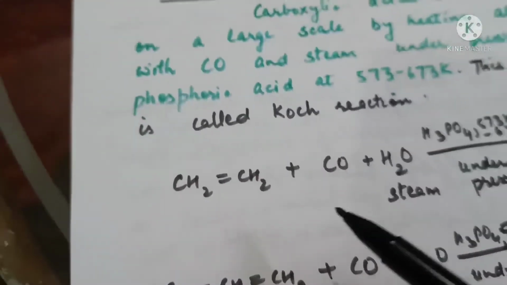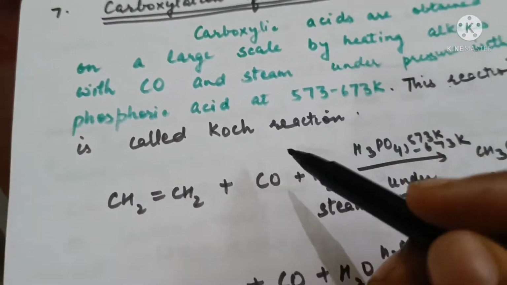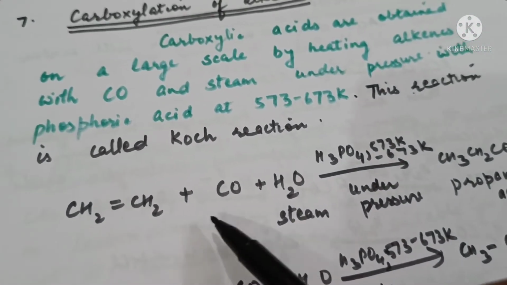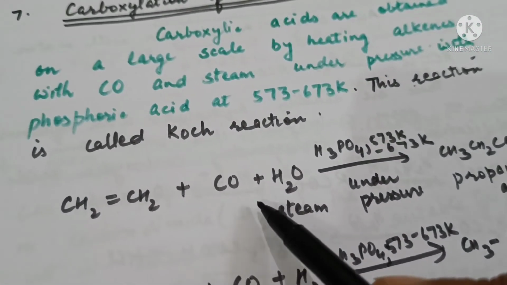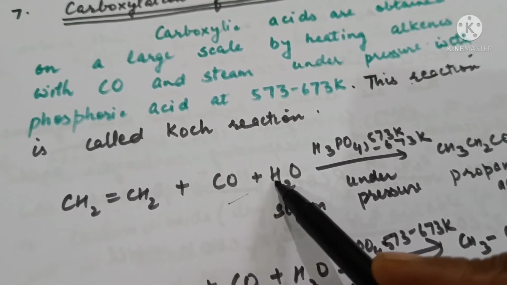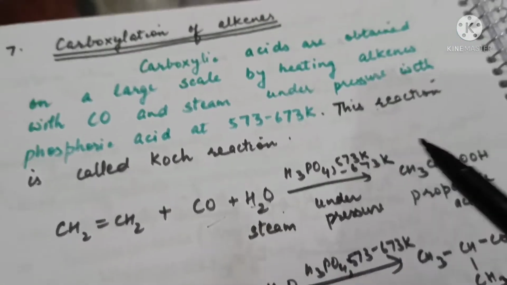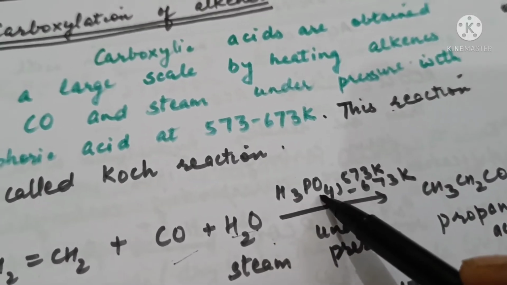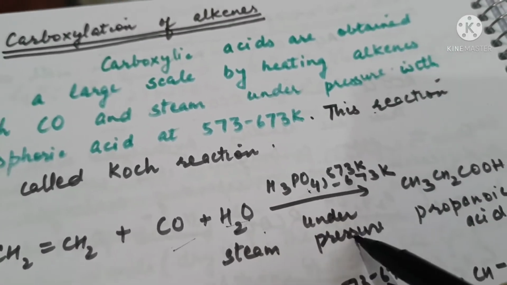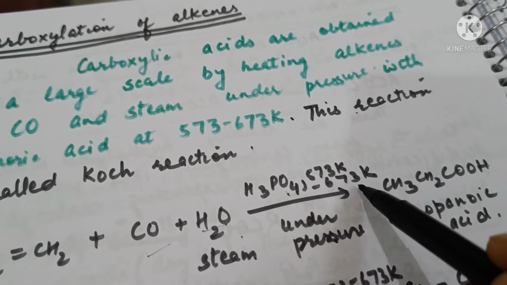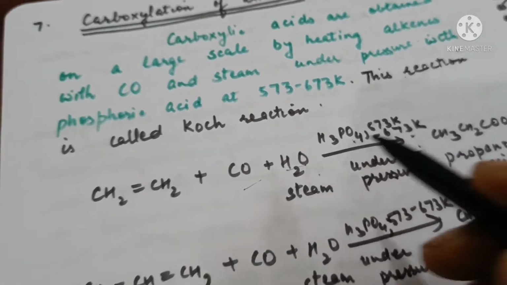Carboxylation of alkenes. This is the Koch reaction, when alkenes are reacted with carbon monoxide and steam. Alkenes are heated with carbon monoxide and steam in presence of phosphoric acid as catalyst under pressure at a temperature of 573 to 673 Kelvin.